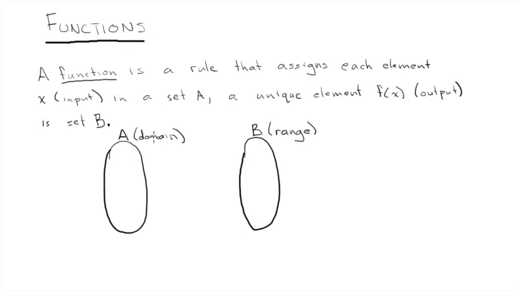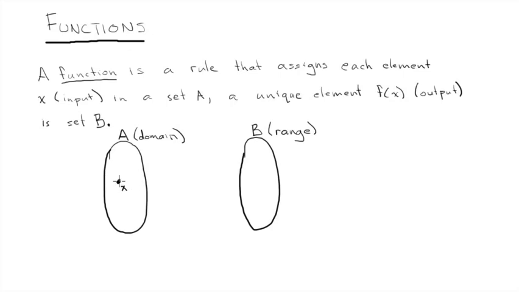From the domain we're going to get our first element, this element x. Everything in A is our elements, and a general one will be called x. This could be a number. Usually in mathematics it's a number, but it could really be anything.